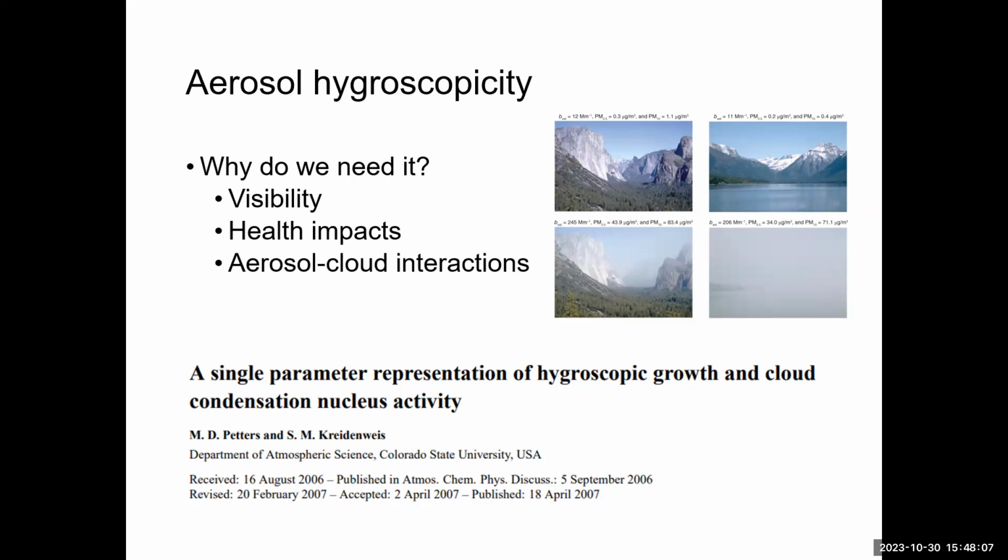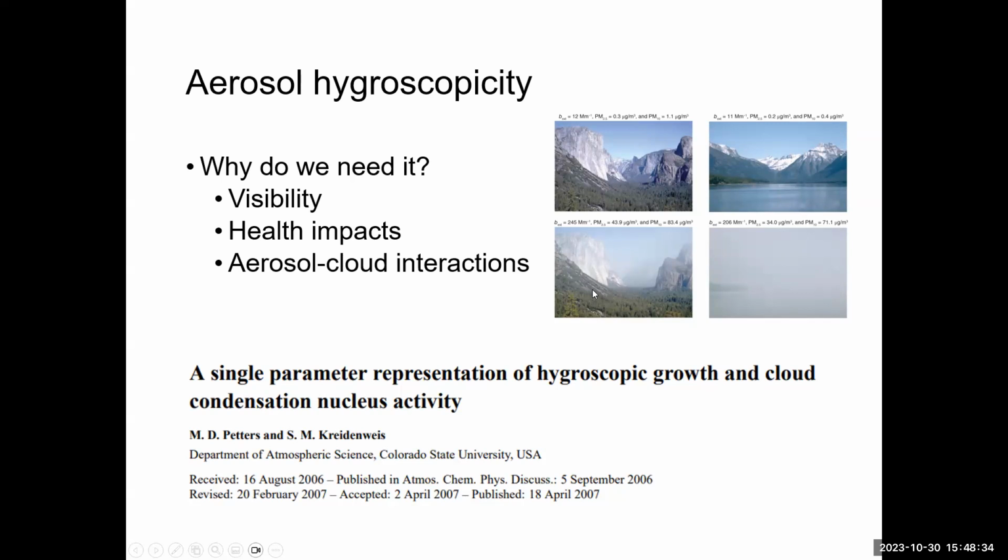First, aerosol hygroscopicity affects visibility. Remember, in our first class, we made these comparisons of the national parks. If you consider the PM 2.5 or PM 10 concentrations, the Glacier National Park actually has lower PM mass concentrations, right? But it looks more hazy compared to the Yosemite National Park.